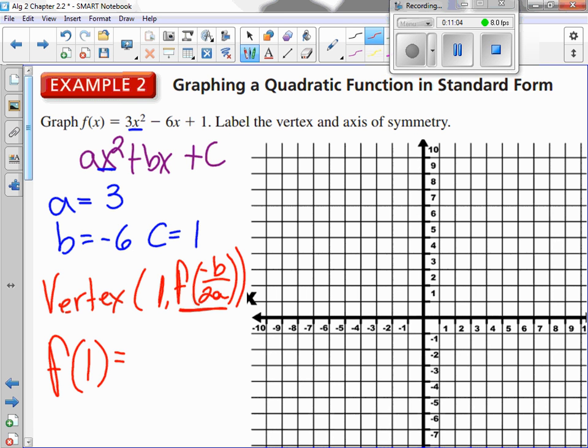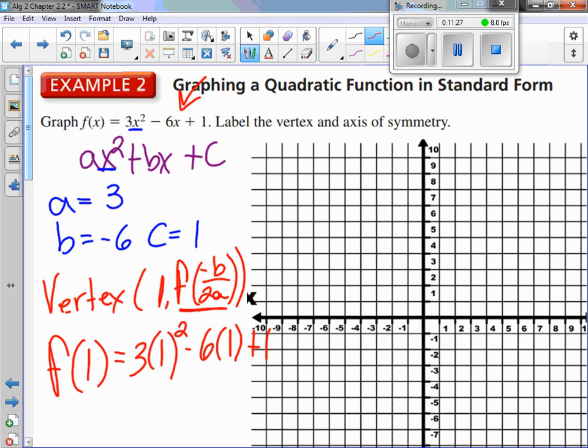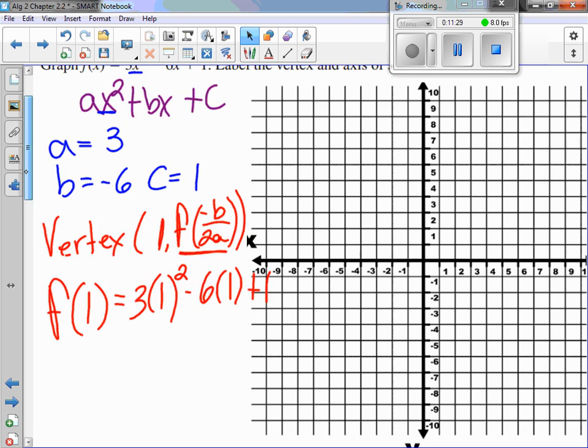If you think back to Algebra 1, f of 1, we're finding what the function's value is. That's all we're doing. So I'm coming back up here, 3x squared minus 6x plus 1. And I'm doing what? I'm plugging 1 in for x. So I'm going to do 3 times 1 squared minus 6 times 1 plus 1. And I'll scroll back down so it's a little bit easier to see.